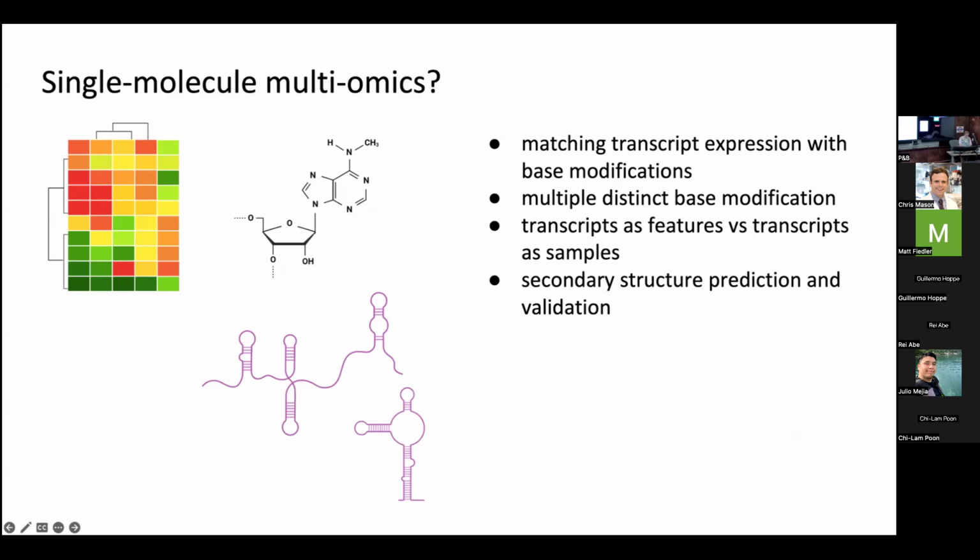So this adds additional complexity, and obviously complexity that's not taken into account here at all is the structure of the RNA that is impacted by the base modifications. Which makes this field of single molecule potential multi-omics very exciting, but also truly this is yet to come. It's a matter of time.